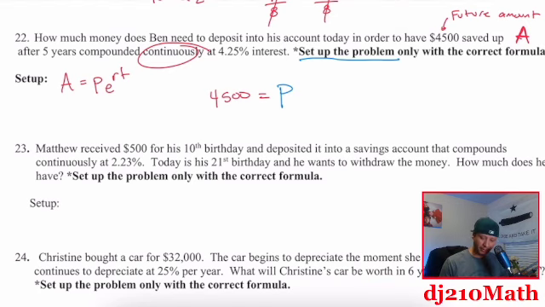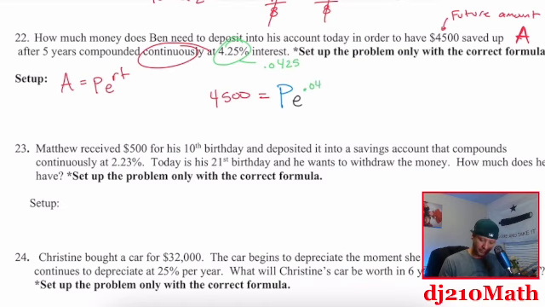We're just setting the problem up. So we're not even solving for it. We're just setting it up correctly. And then E, that's a calculator function. The rate is 0.0425 because you have to move the decimal place 2 places to the left.